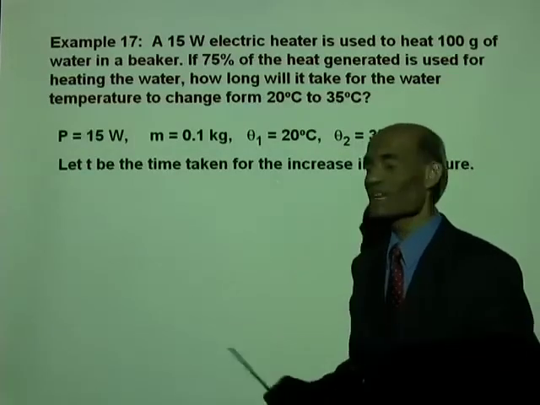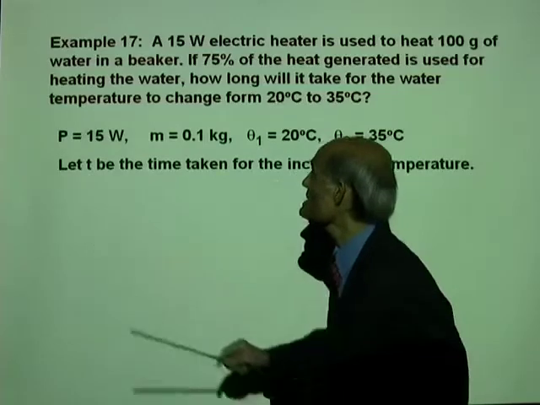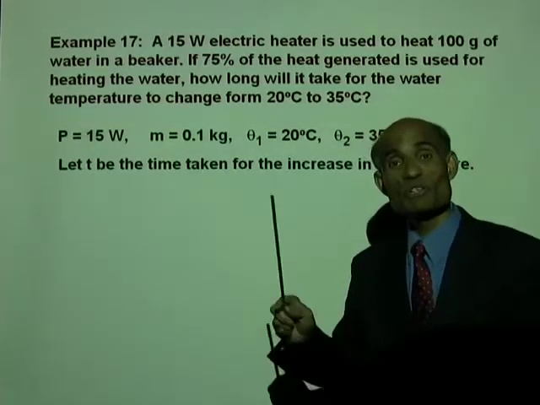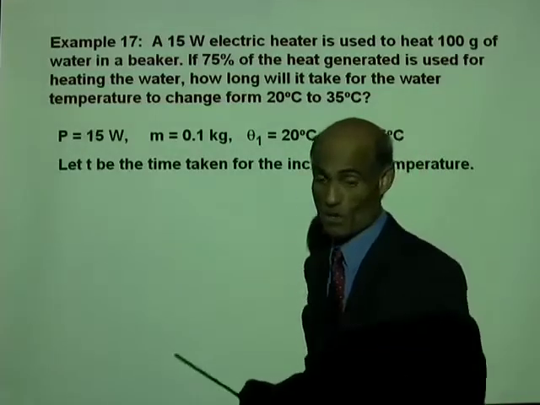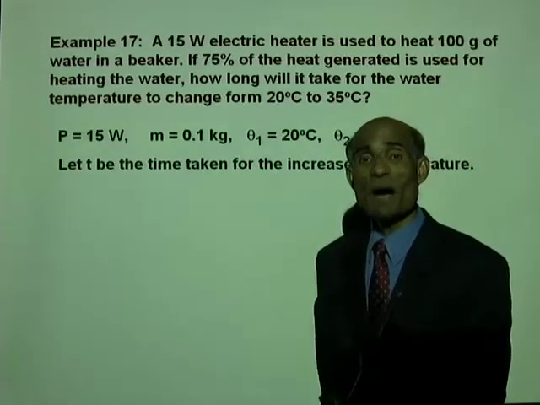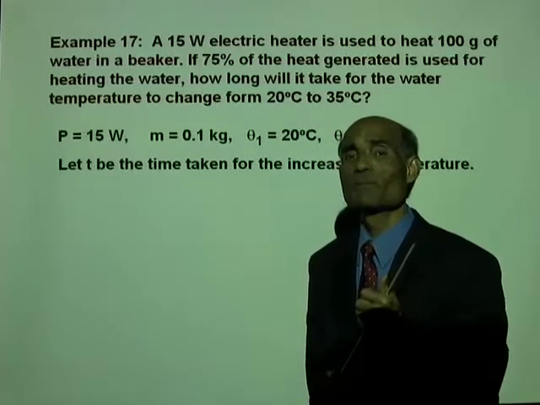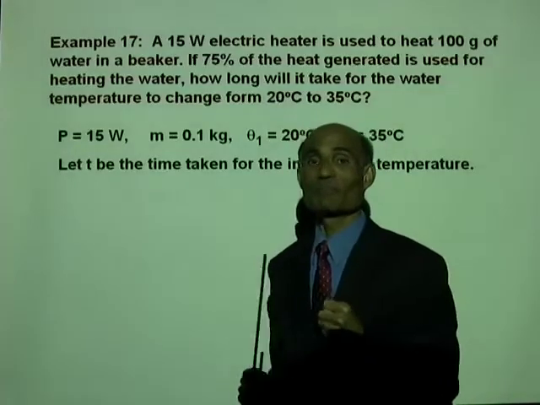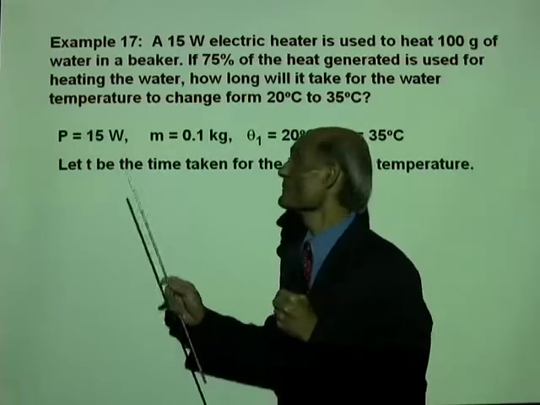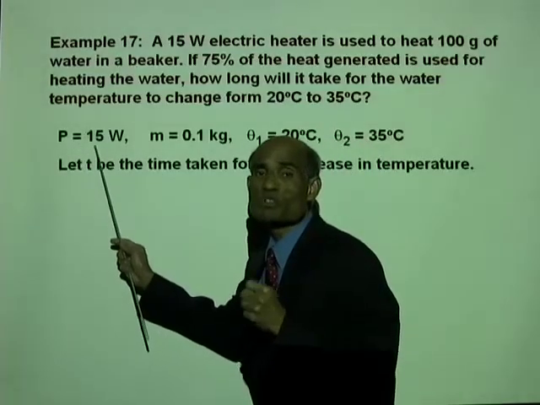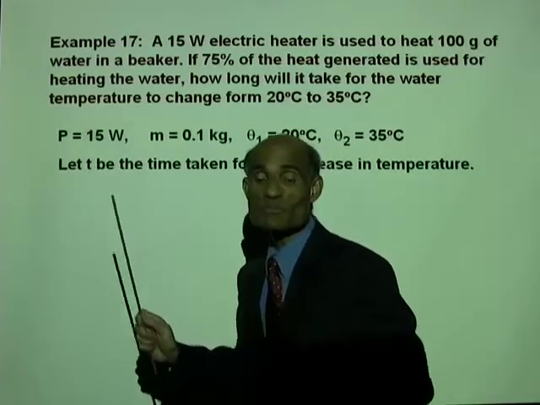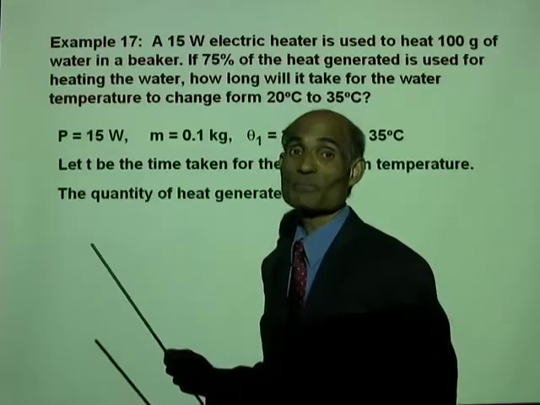So let's start by saying let T be the time taken for the temperature to increase from 20 degrees to 35 degrees. Alright, if T is the time taken, what is the amount of energy produced during that time? How much energy is produced in 1 second? 15 joules. Therefore, how much energy will be produced in T seconds?